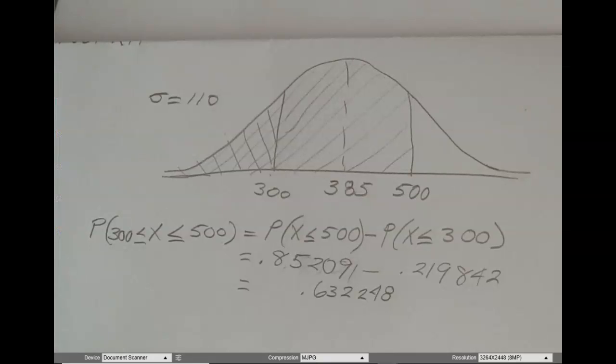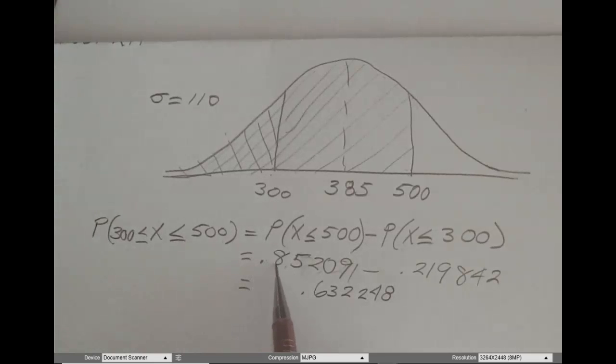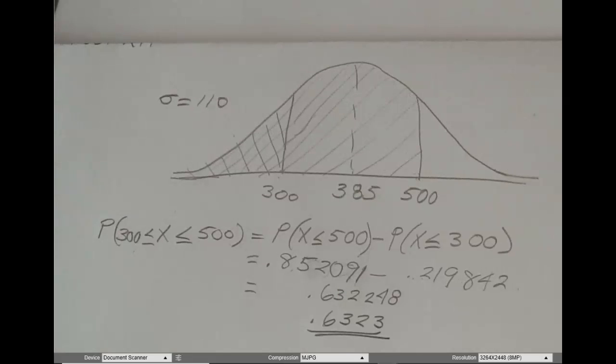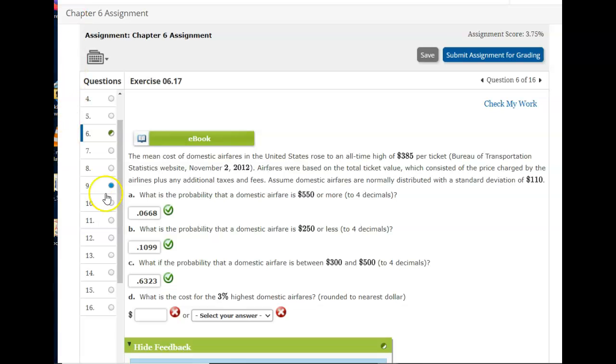So in calculating these two probabilities, what you get is 0.85209 minus 0.219842. But actually, even for this problem, if you had rounded these numbers to 4 decimal places, it would still result in 0.6323 as the answer. And checking that, that is the answer that the author wanted to see.